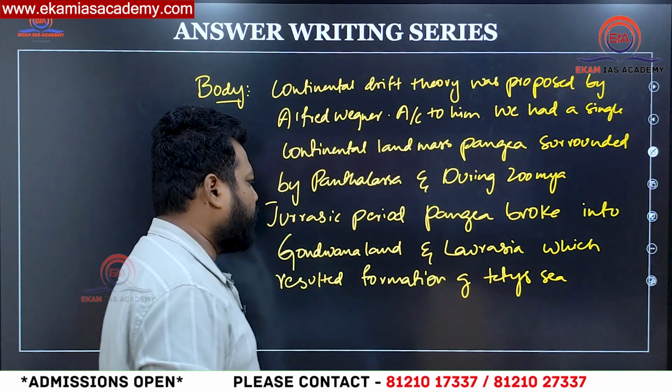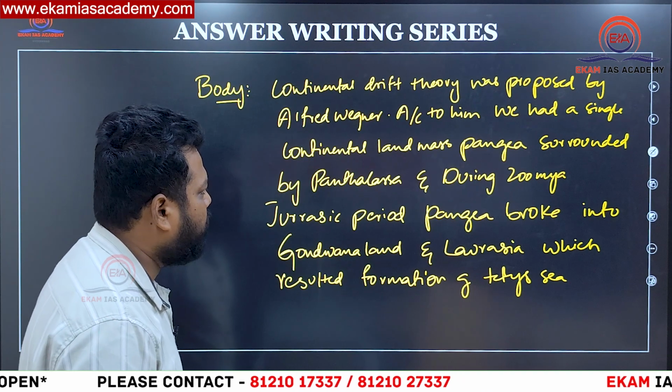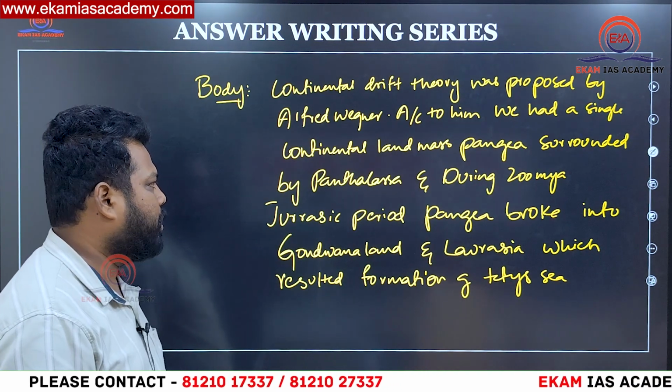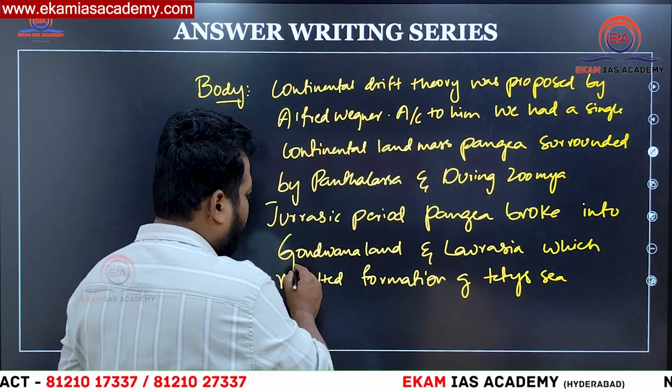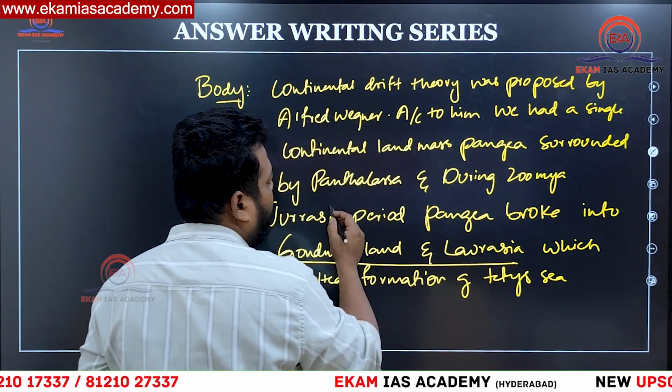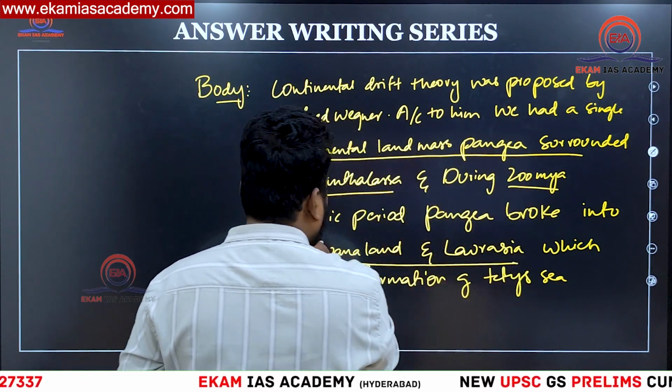So during this Jurassic period, the single continental landmass broke into two major bodies, one is Gondwanaland and the other is Laurasia. So: Pangaea surrounded by Panthalassa, 200 million years, Jurassic period.